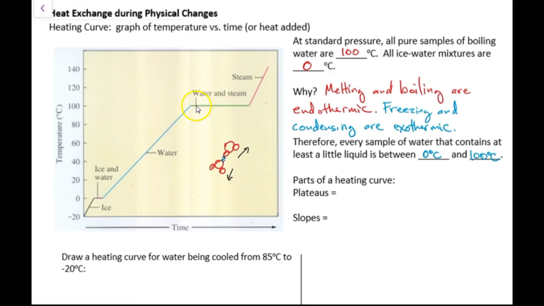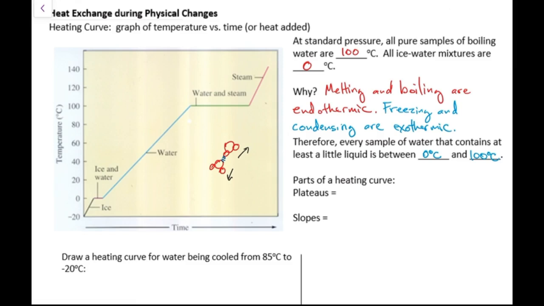And the same thing is true up here. As we boil water, the temperature is not going to rise until all the water is boiled away, and then that steam can then go on and get really, really hot, which is why steam can be so dangerous. You can get burned by an iron very easily if you've got it set to the steam setting where steam is shooting out, because that steam can be a couple hundred degrees, whereas boiling water can only be 100 degrees.